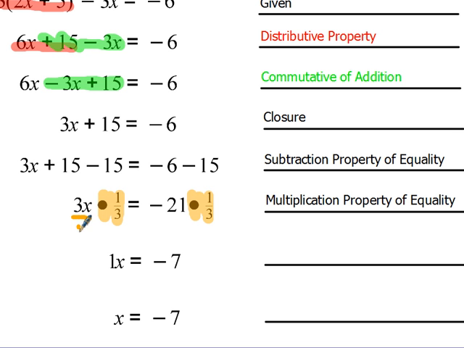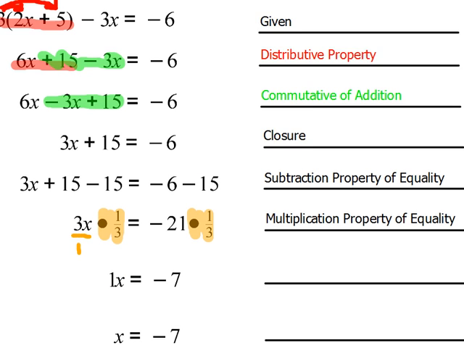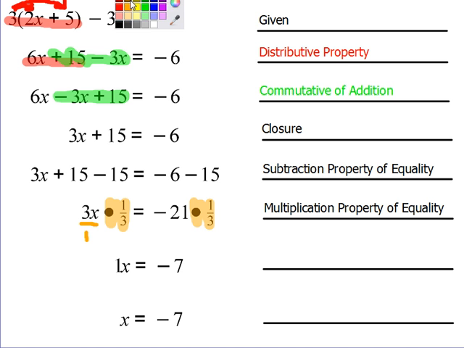So this has a 3 over 1x times a 1 over 3. So we know that this fraction is flipped over. We call that its reciprocal. And whenever we multiply by the reciprocal of something, which gives us a product of 1, we know that that is the inverse property, and since we were multiplying, of multiplication.